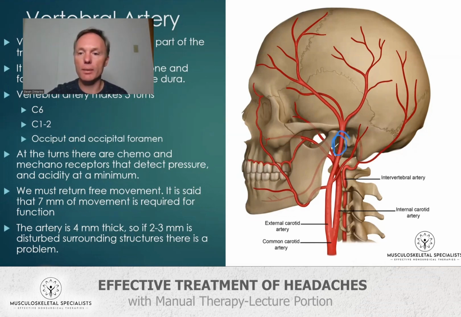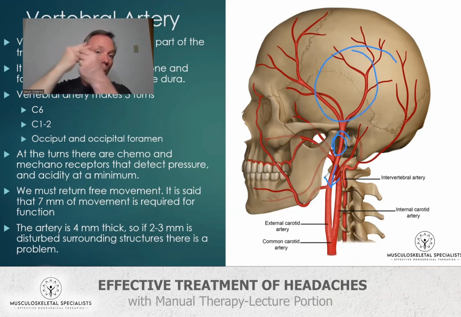You've got the internal carotid coming up and the external here. So I want to test this piece of that artery. I take this artery, and you have to know where this stuff is, and I pull it down. If I pull it down, I'm putting pressure on this section.